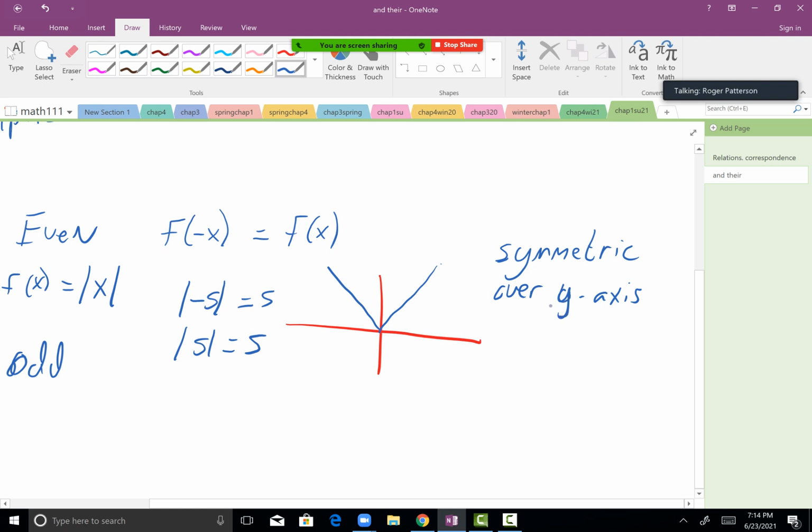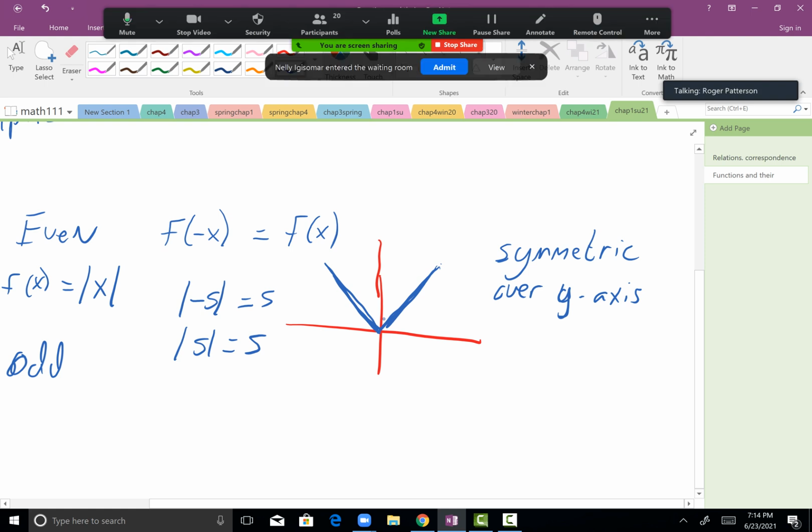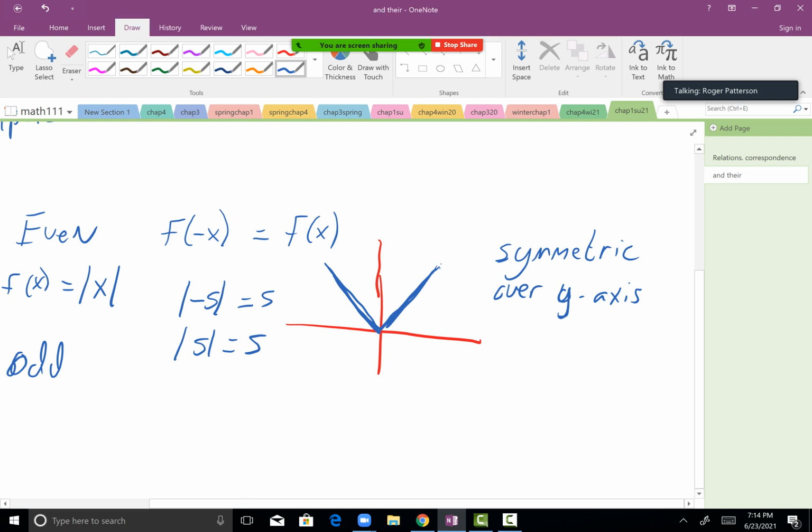So what does that mean? It means if you cut it in half along the y-axis, it's going to fold over, so that this graph will fold over the y-axis and be the same as what's on the other side. It's symmetric. So you can reflect it over.